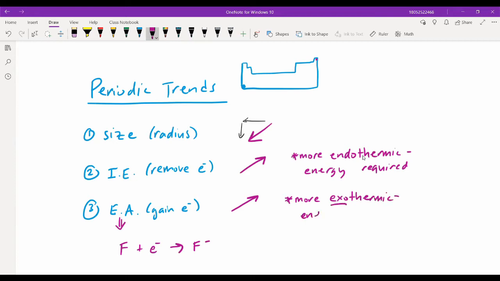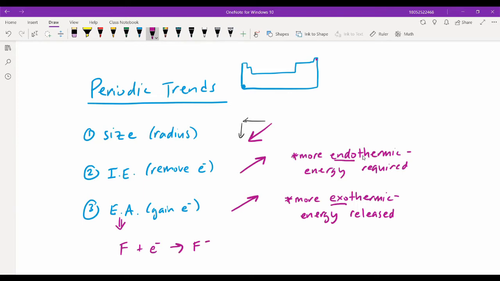Because both of these arrows go the same way, and they're actually different processes, right? Removing versus gaining electrons. The only way to really rationalize that is that one of them you have to put in more energy to remove it, and one is giving off more energy when it gains it. So that would be good to write down and try to remember.